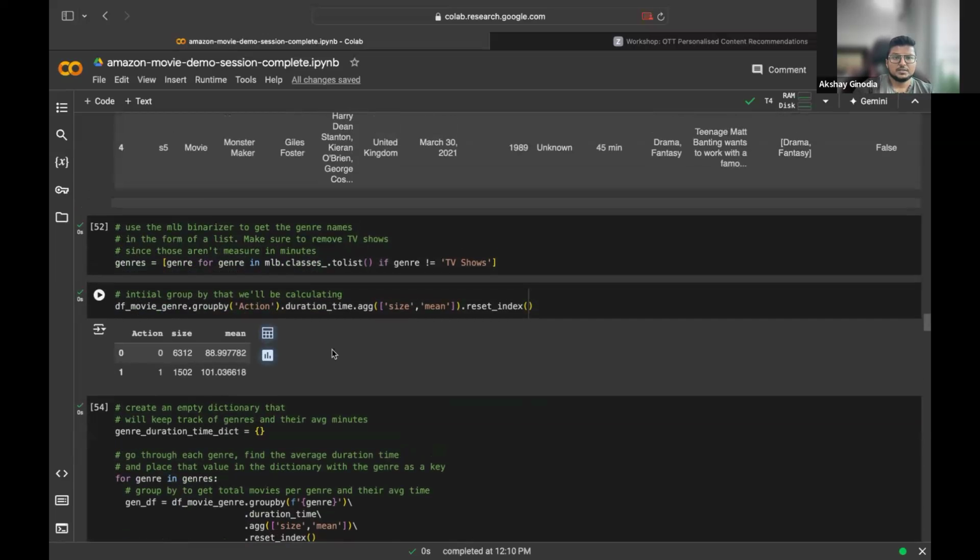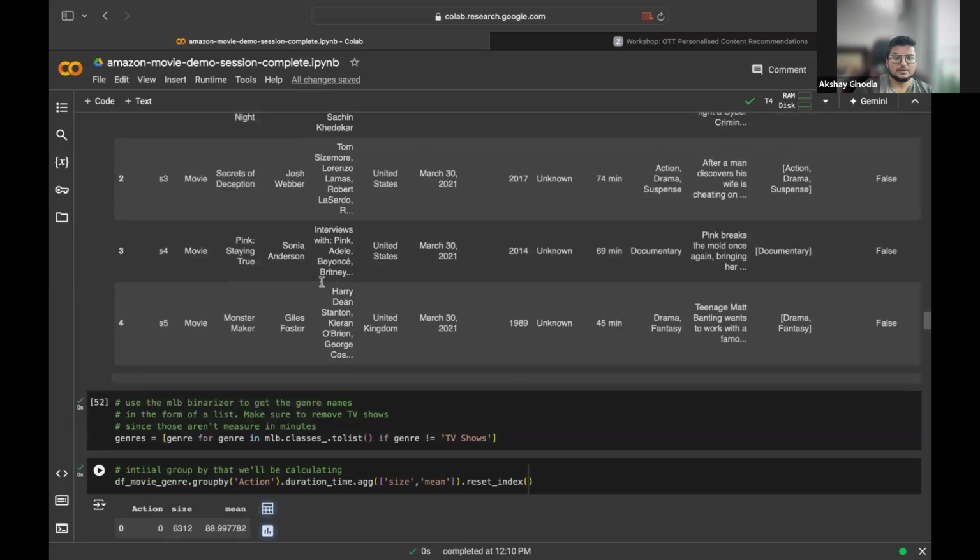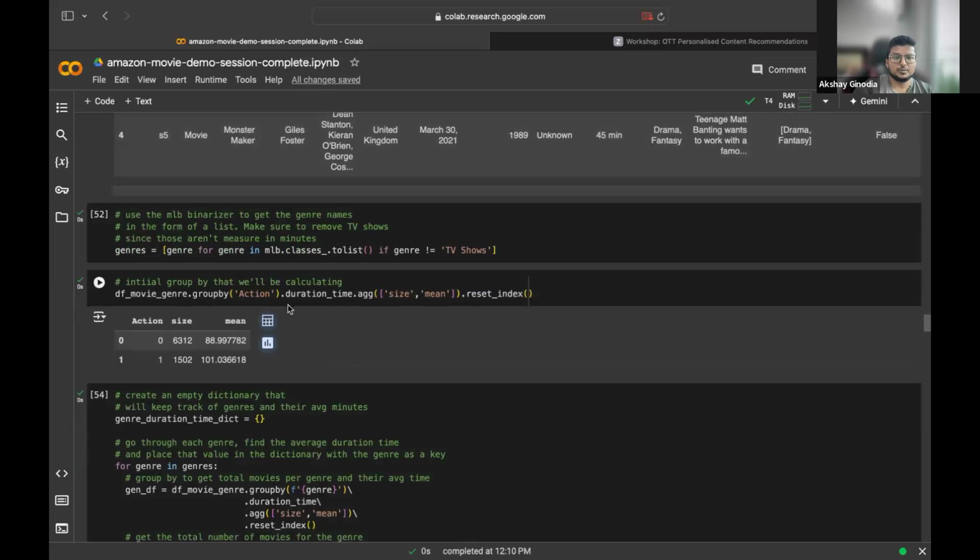Okay. So I'm getting now genres only for those which are not TV shows. Okay. So for movie genre, because here we got it for a lot of different things. We want to filter only by movie because we are only looking at movies. So for movie genres, I'm seeing what is the average time of the movie, which is action movie.